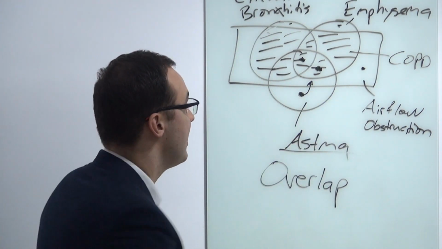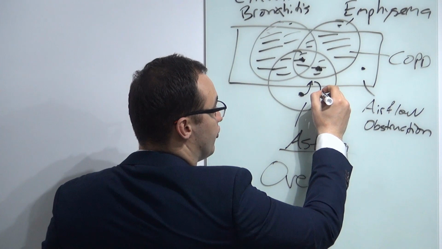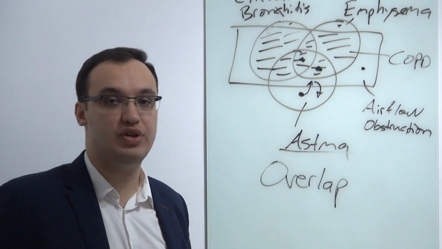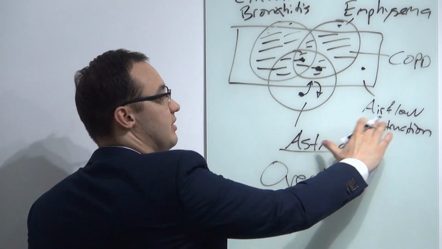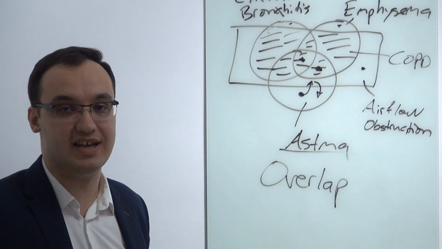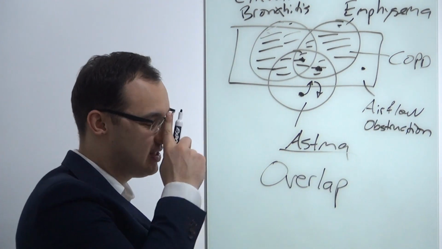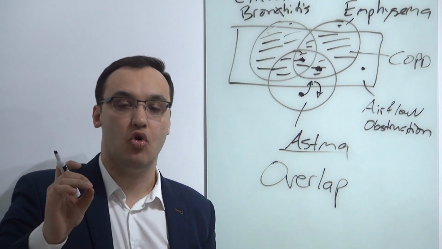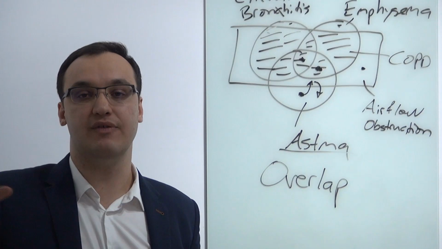Reversible means that after some treatment he can come back to the normal state without any obstruction, and that is typical for asthma. So asthma patients are defined as having a reversible obstruction due to chronic inflammation.